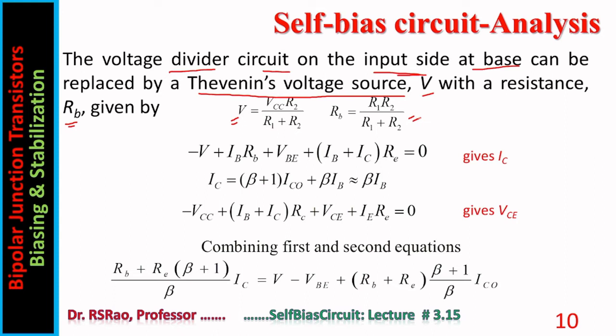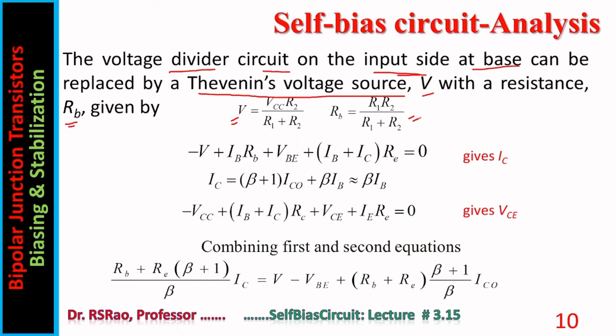Now, while going further, it is required to mention that the purpose of analysis is to determine the operating point. Operating point means IC, collector current, and VCE, collector to emitter voltage.